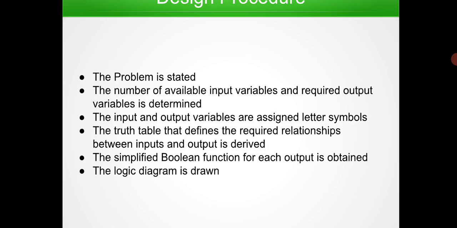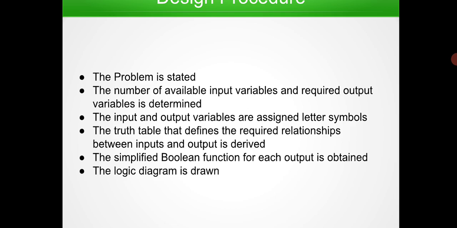Next, the input and output variables are assigned letter symbols. Whenever you build some logic circuit, for inputs you assign x and y, and for output you assign result or z or any variable, isn't it? That is for your understanding and your reference, for resolving the particular problem, or if the problem is complex, you have to bring down the complexity. At that time these variables will play a major role.